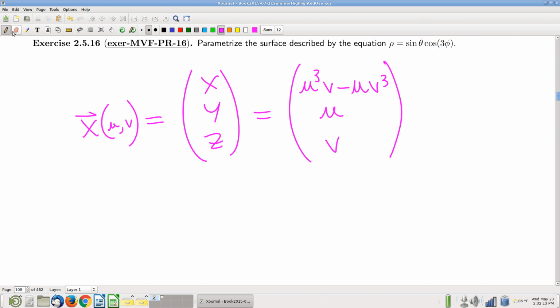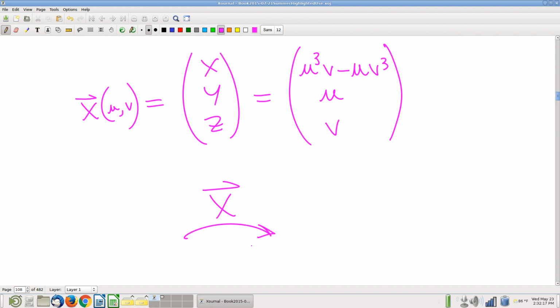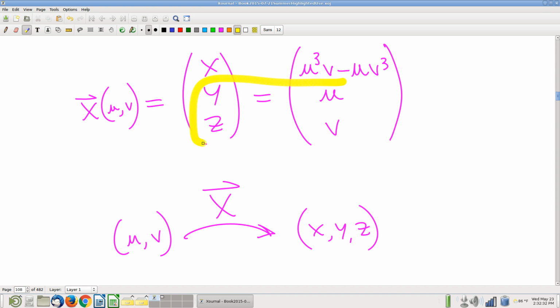Our parameterization is this function x, and as it stands the inputs to this function are called u and v, and the outputs are called x, y, and z. If I didn't do this trick, letting y equal u and z equal v, then I would have a function where the inputs were x and y, and the outputs are x, y, and z.